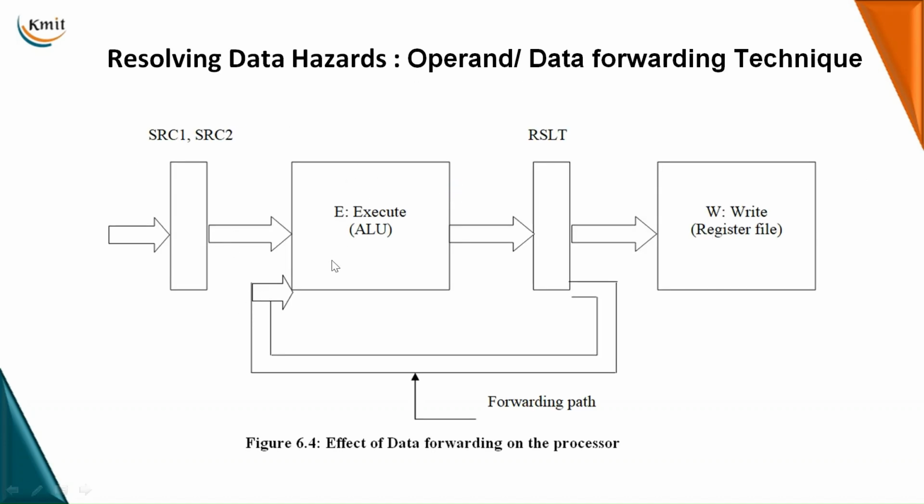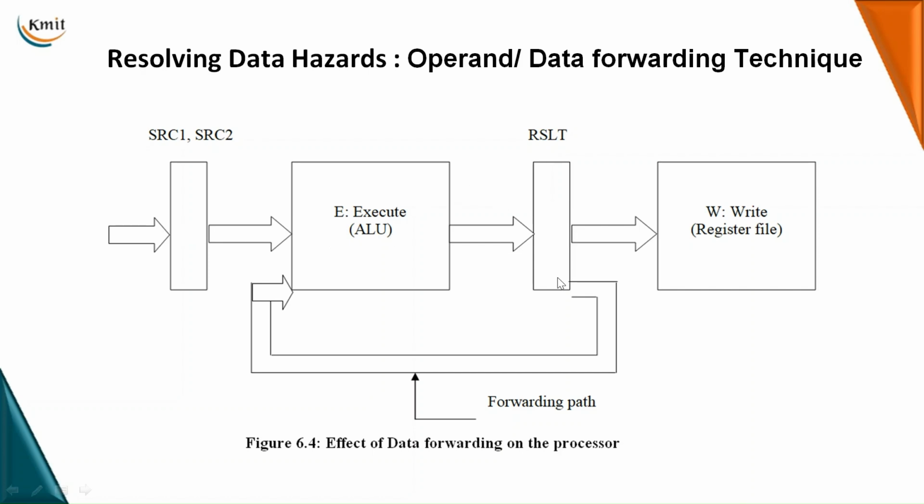If you look at your hardware, from your fetch stage and decode stage, the instruction will be placed into the buffer and given as an input to the execute unit. From the execute unit, the result will be copied into this intermediate buffer and given as an input to your register file or write back stage. Whenever there is a data dependency, say instruction I1 is executed and the result is available in this buffer.